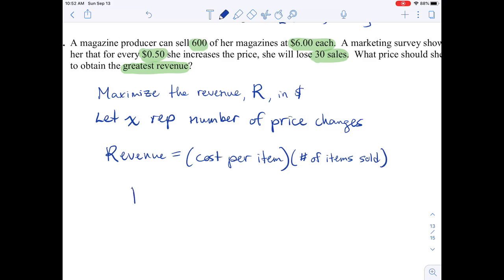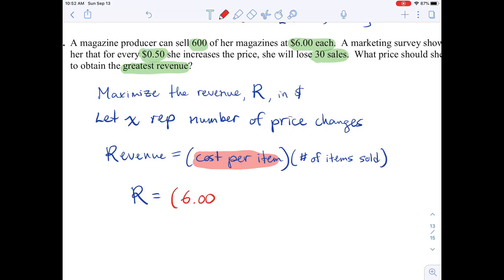So let's think about a different way to write this. Well, R for revenue, we want some way to represent the cost per item. So cost per item, how is that going to be defined? Well, the cost per item originally was $6.